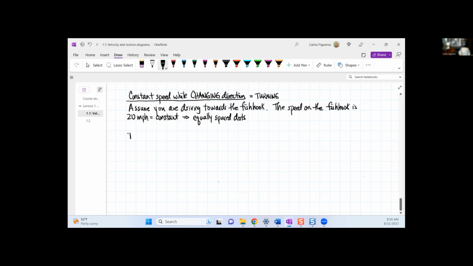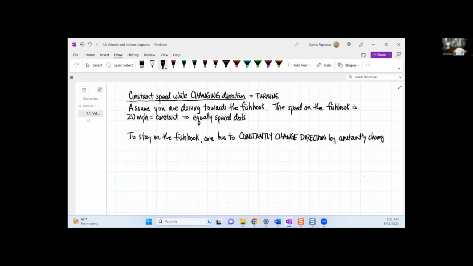To stay on the fishhook, one has to constantly change direction, by constantly changing your steering wheel.